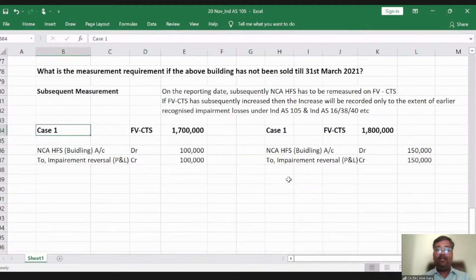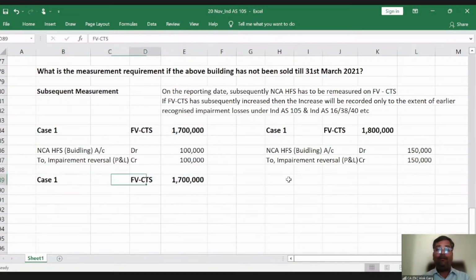So I think it is quite clear to all of you now. Case 3. Fair value less cost to sell becomes 15 lakh now, right?